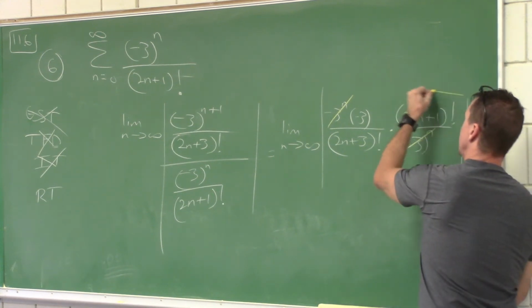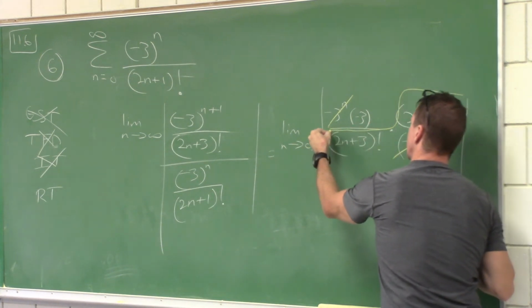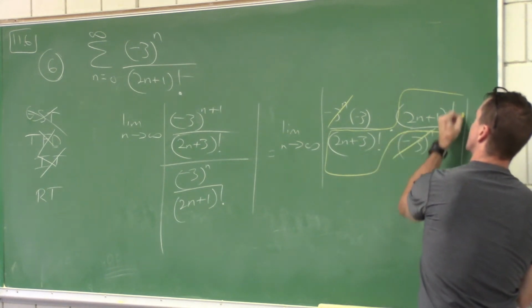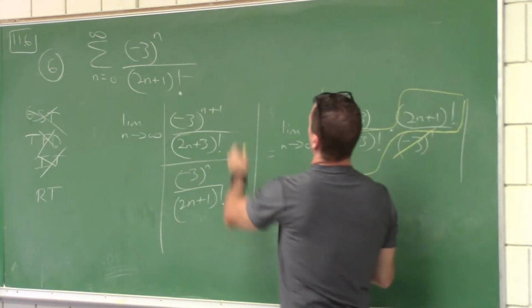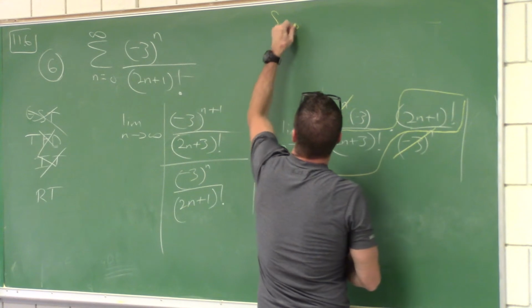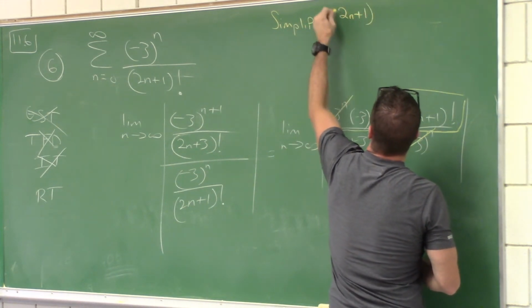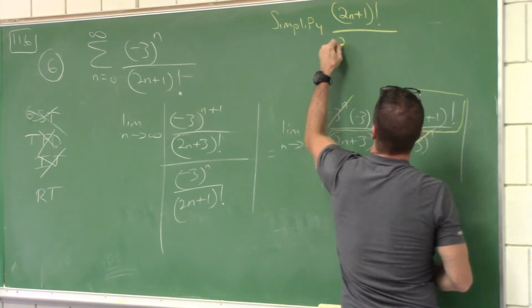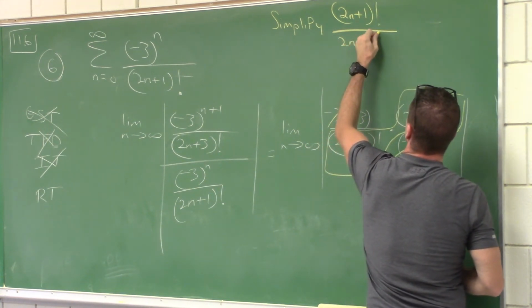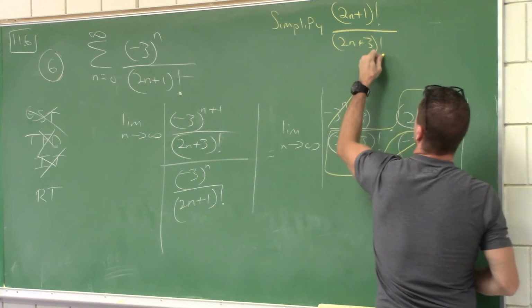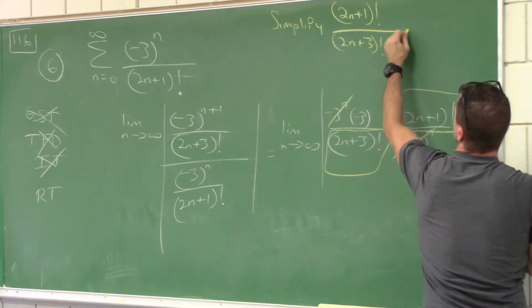Here's the part you need to help me out with. How do I simplify (2n plus 1) factorial all over (2n plus 3) factorial? Well, do you notice something?